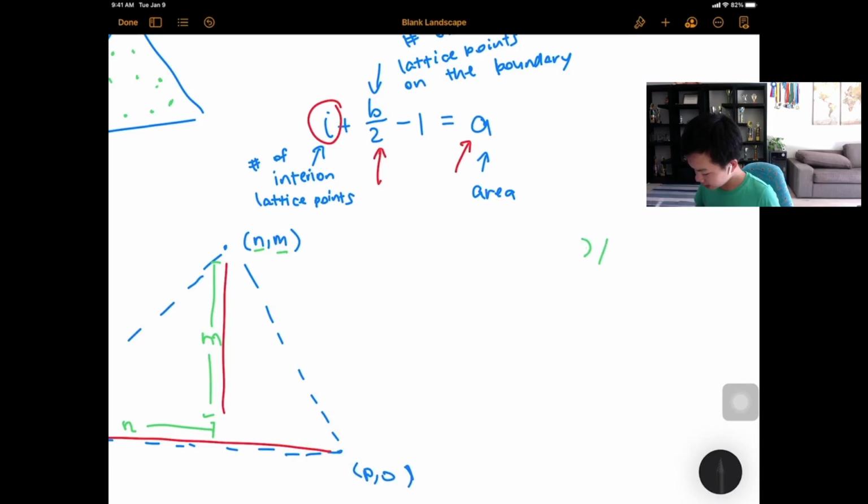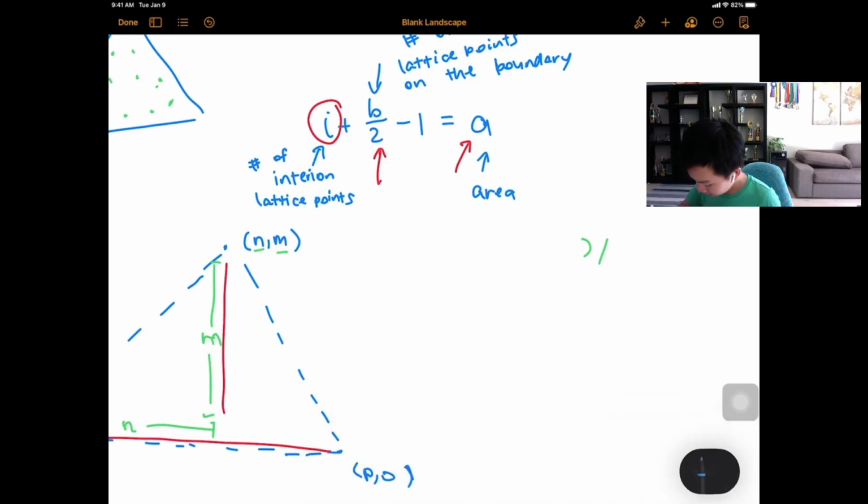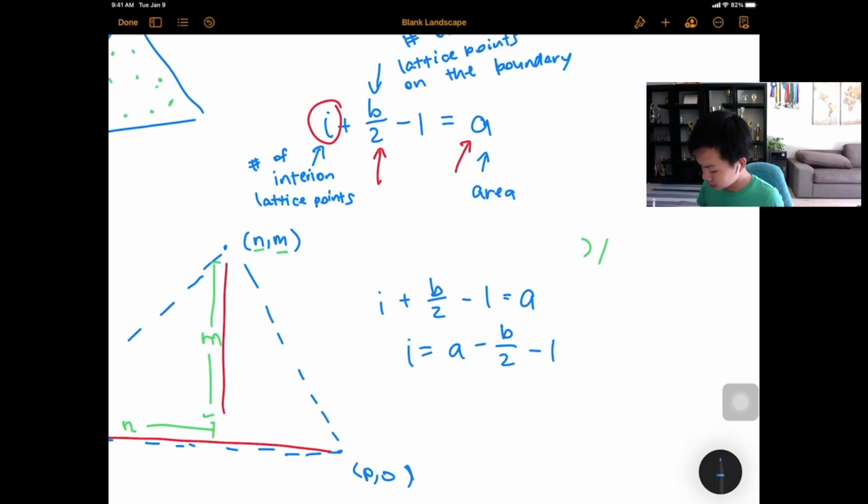I. So over here again, let's take a look at this. We have I plus B over 2 minus 1 is equal to A. So let's just move these 2 over there. So we have I equals A minus B over 2 plus 1.